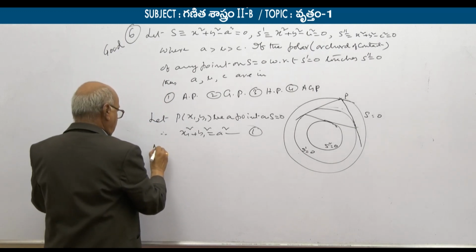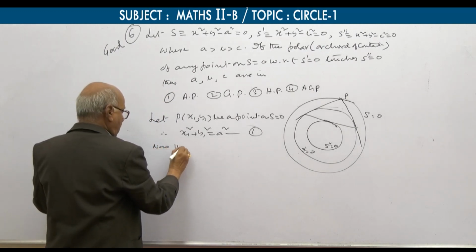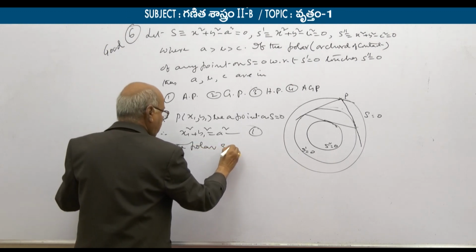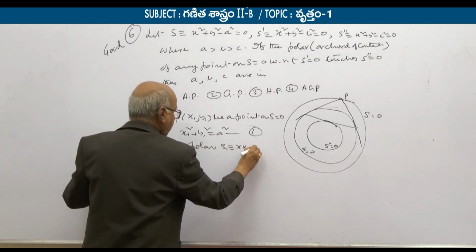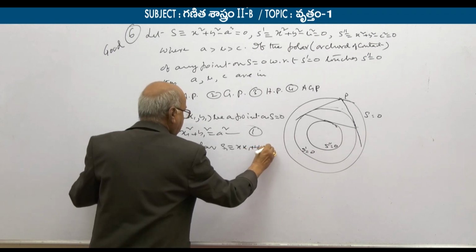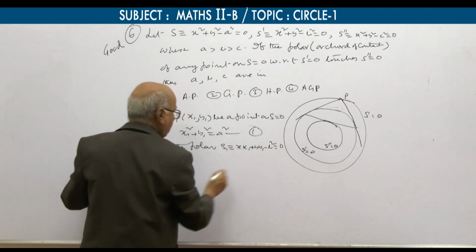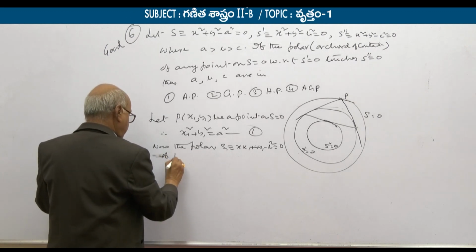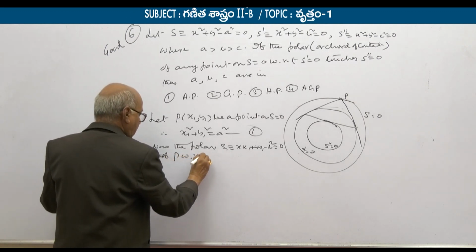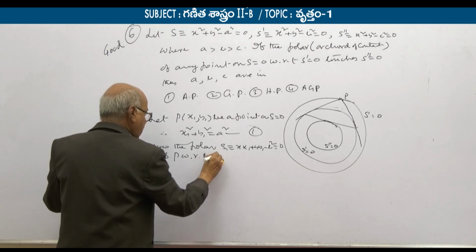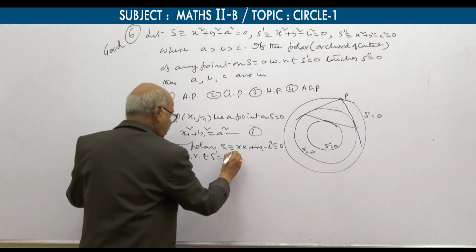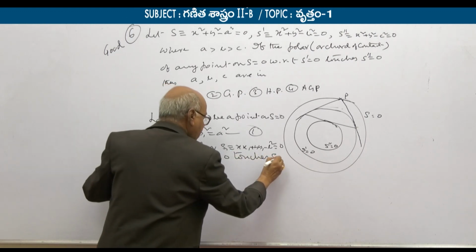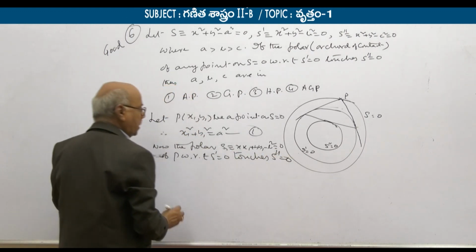Now, the polar S1 is equal to xx1 plus yy1 minus b square equal to 0, the polar of P with respect to S dash equal to 0, touches S double dash equal to 0.